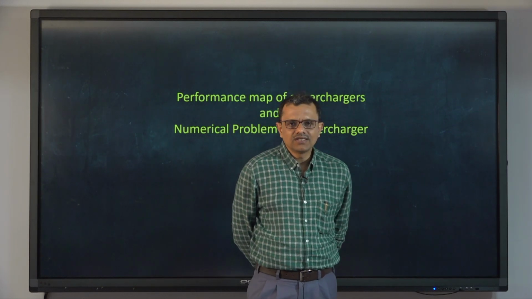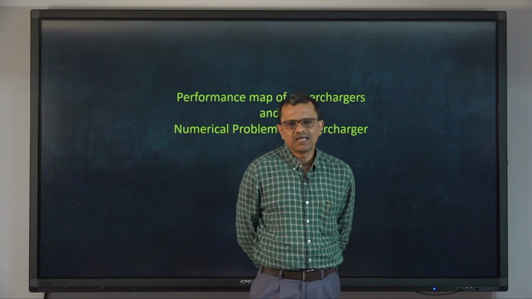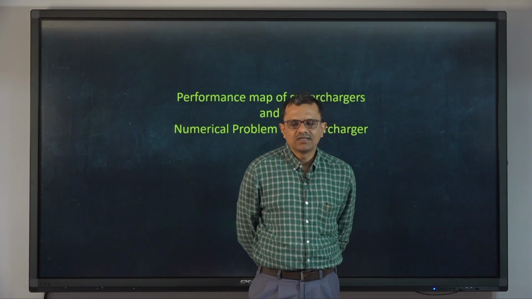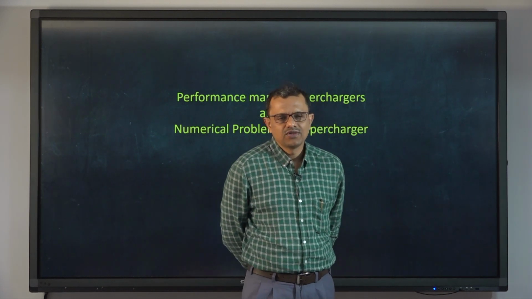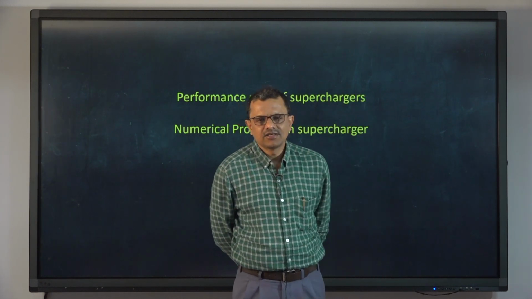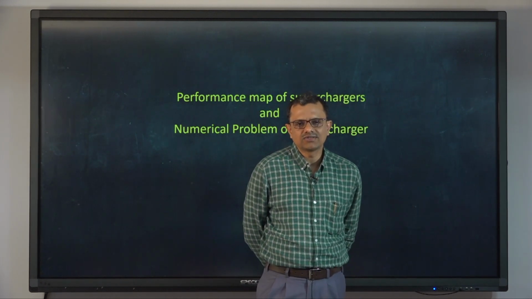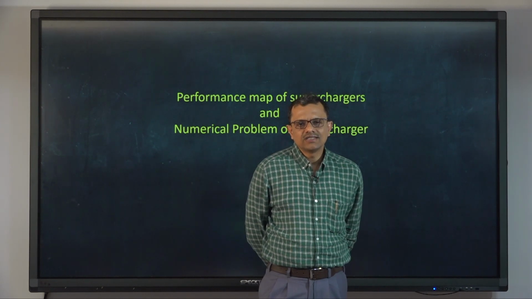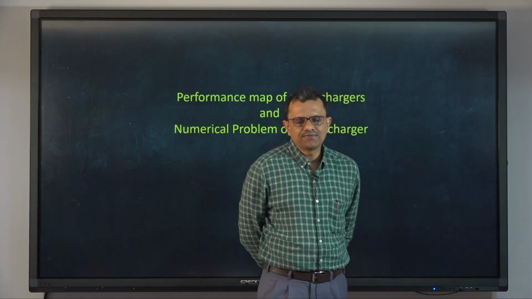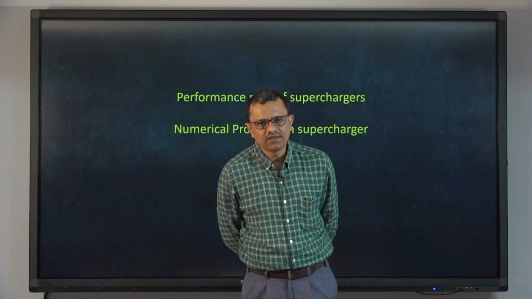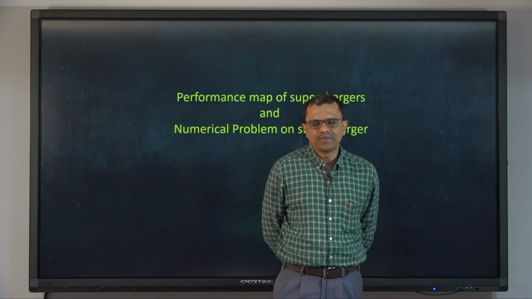And today in the context of superchargers, we shall see why this map is important, and in this map what are the information depicted from experimental observations or measurements, and we shall see whether this performance map really can provide us qualitative or quantitative estimate about the design parameter of the compressor.